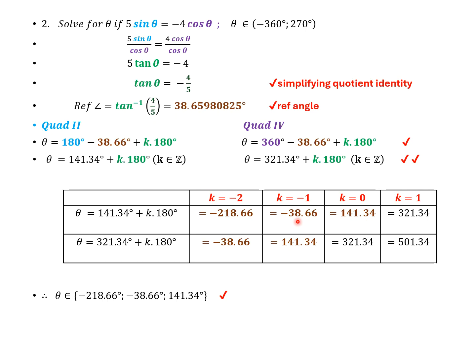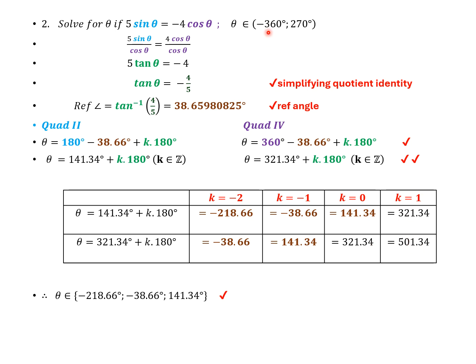My apologies. If I take 0, that gives me 141,34, and if I take 1, 180 plus that gives me 321,34. If I take 321,34 and put negative 2, that's minus 360, which gives me minus 38,66. Take minus 1, 321 minus 180, 141,34. If I put 0, I simply have 321, and if I take 1, 501.